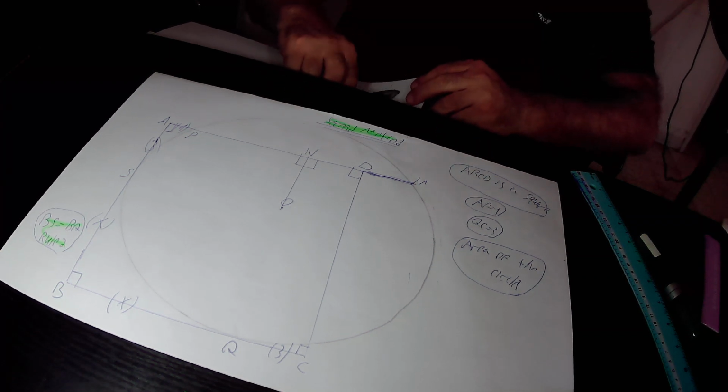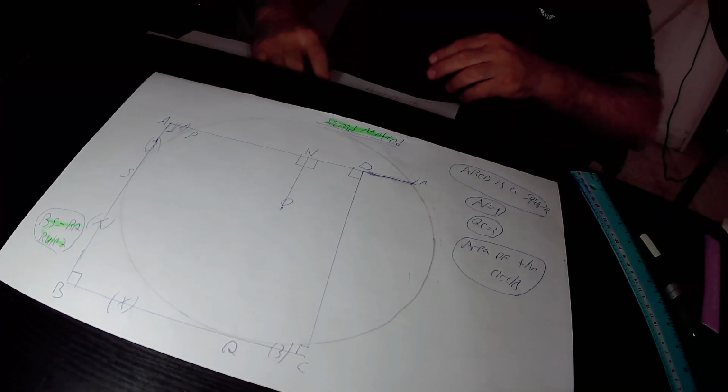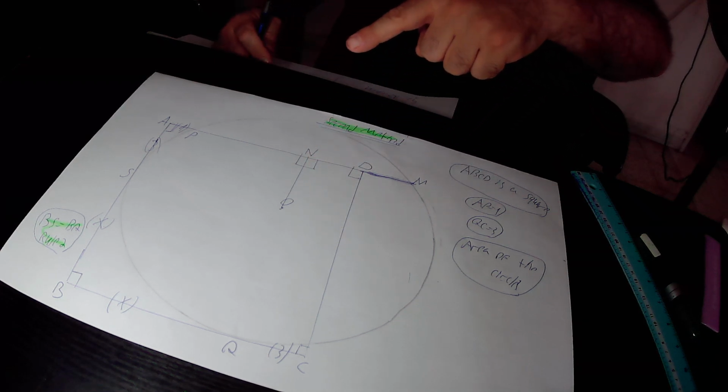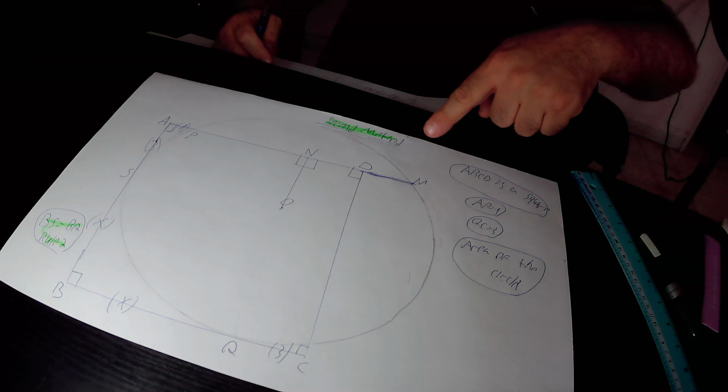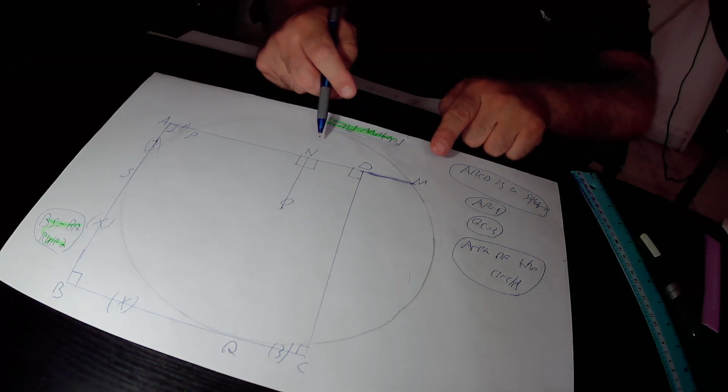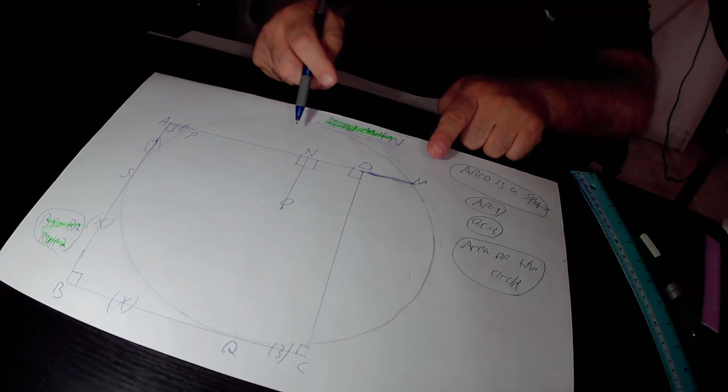So write it down. According to rule 11, perpendicular ON bisects chord PM. The first half is PN, and it is equal to the second half, NM, and both halves equal PM over 2.